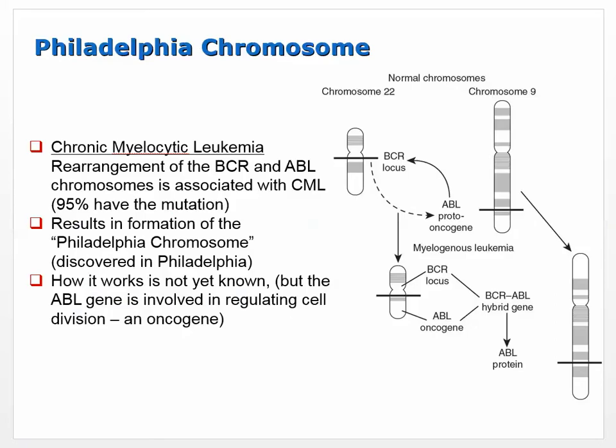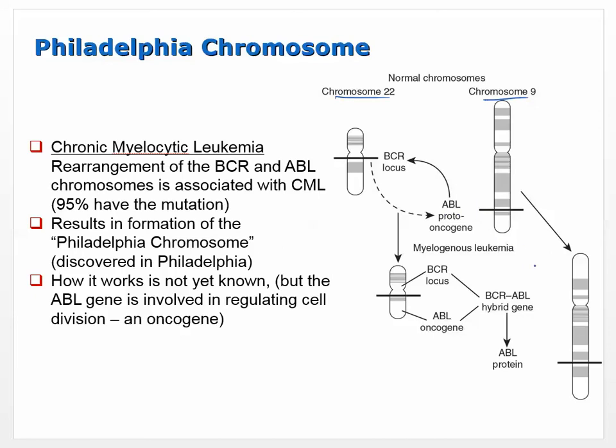And here's our Philadelphia chromosome. You don't really have to understand all of the processes of this, but what happens is it involves a couple of different chromosomes, and part of the chromosome will actually move to a different chromosome. It involves B cell receptor and the ABL.